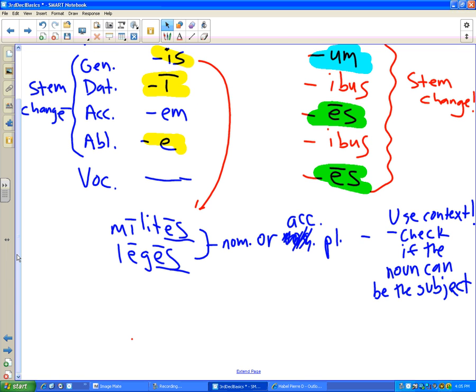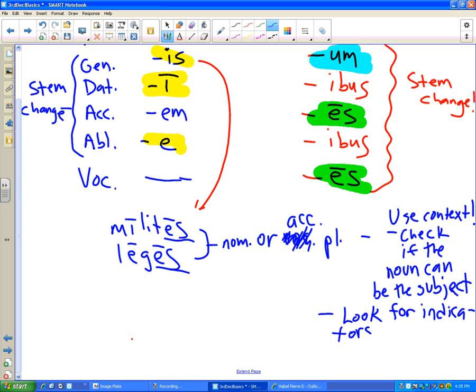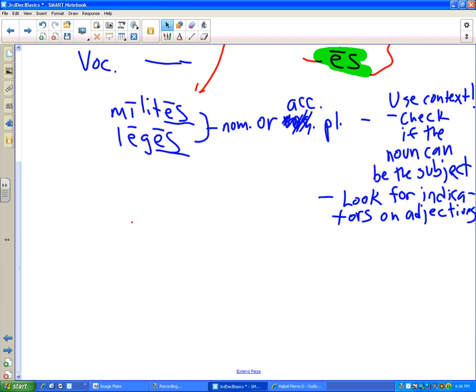The second step that is also really valuable is look for signs on adjectives. Because when you are describing these third declension nouns with adjectives, chances are the adjectives, until you learn adjectives of the third declension, are going to continue to use the old first and second declension endings.